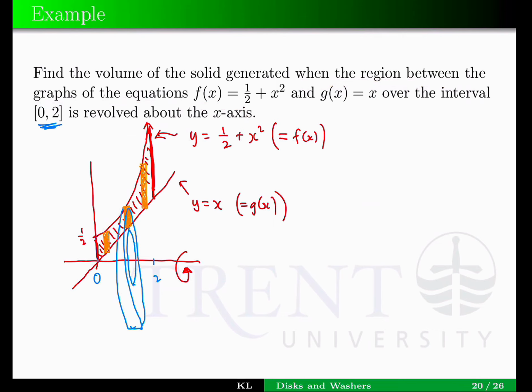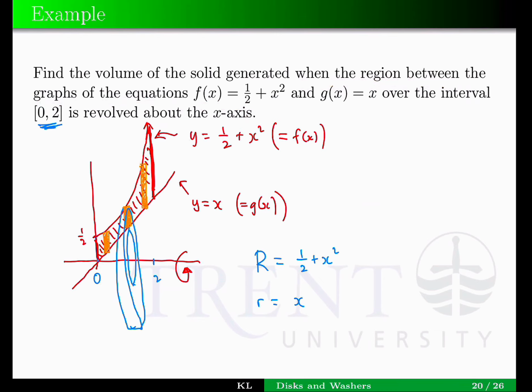So notice that the bigger radius is always represented by this function, and the smaller radius is represented by this line here. So let me just write: bigger radius is equal to 1/2 plus x squared. Smaller radius is equal to x.